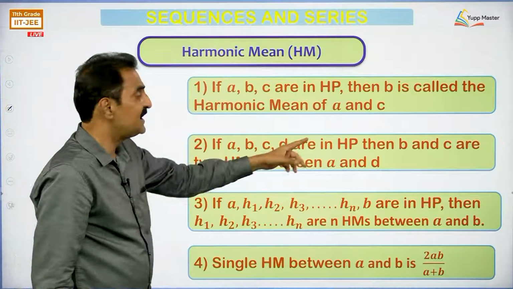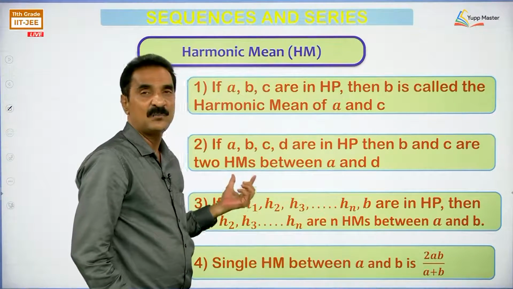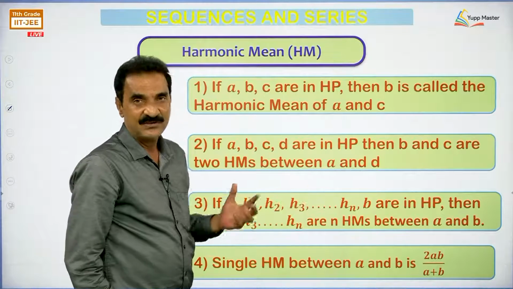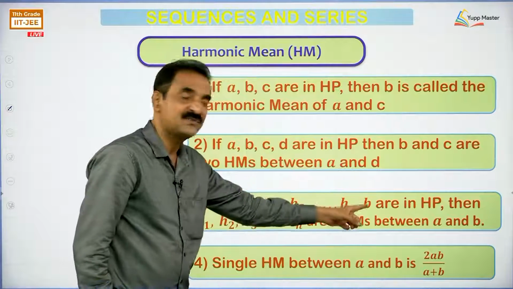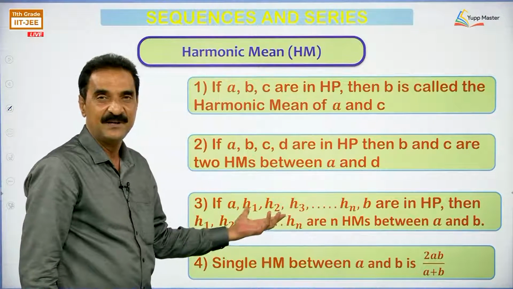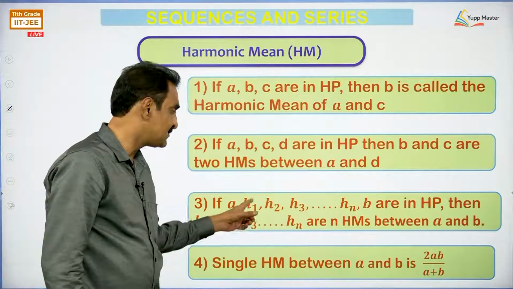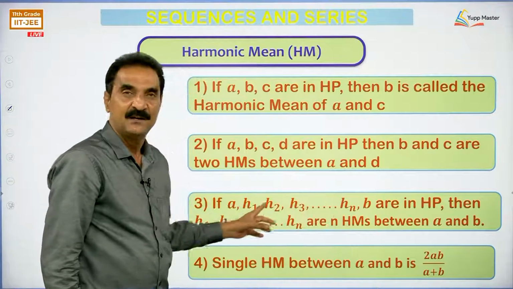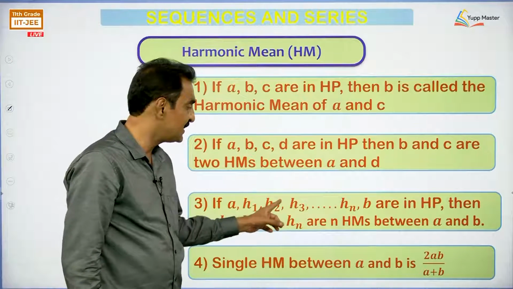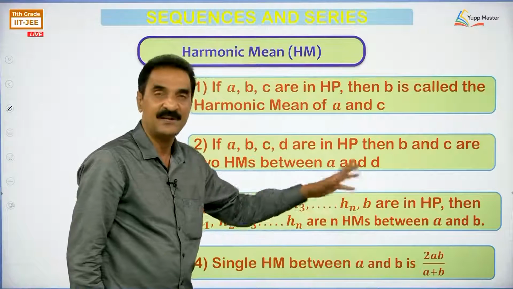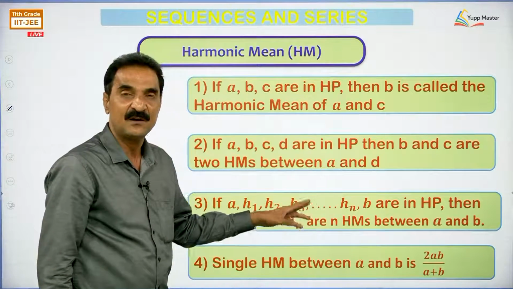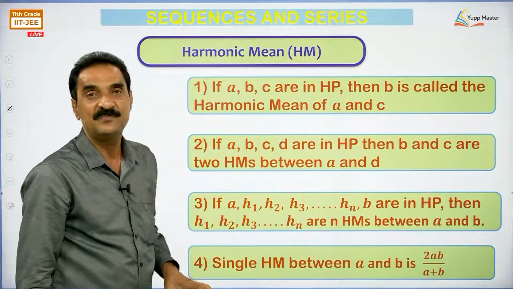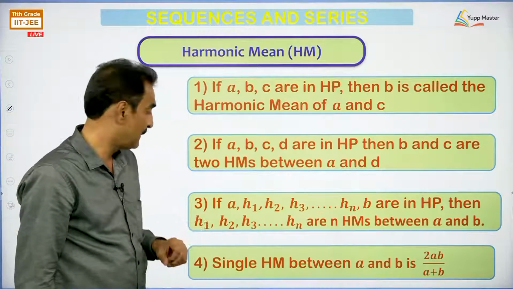If A, B, C, D are in HP, then B and C are called two harmonic means between A and D. Similarly, if n harmonic means are inserted between A and B, denote them by H1, H2, H3 and so on Hn, then A, H1, H2, H3 and so on Hn, B will be in AP. Then the numbers H1, H2, H3 and so on Hn are called n harmonic means between A and B.